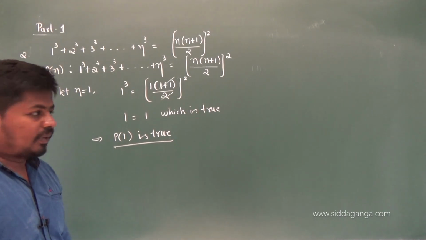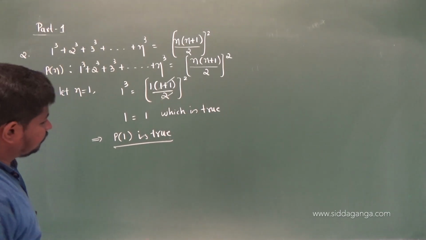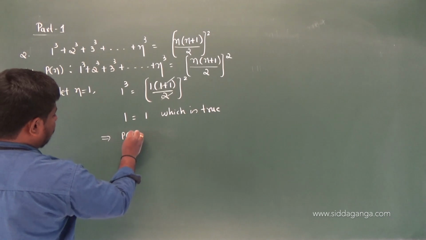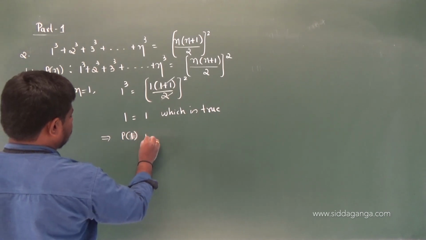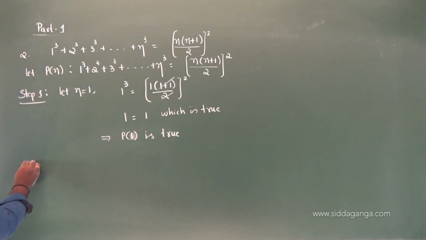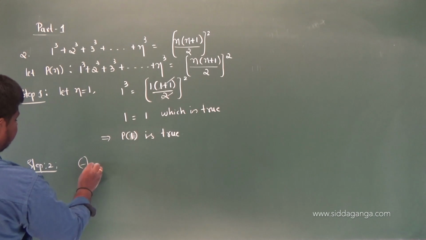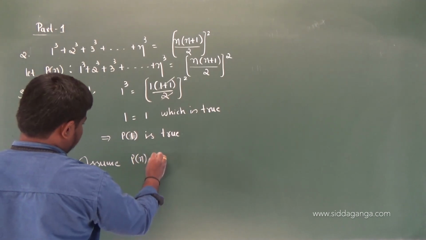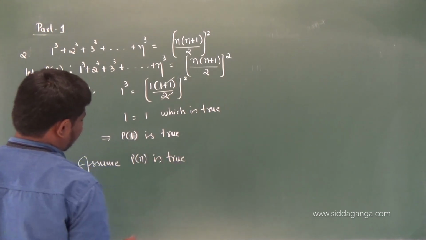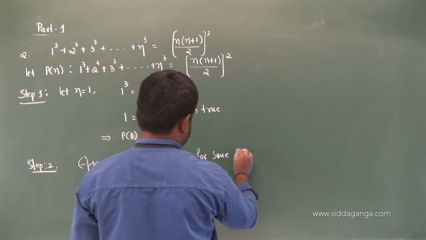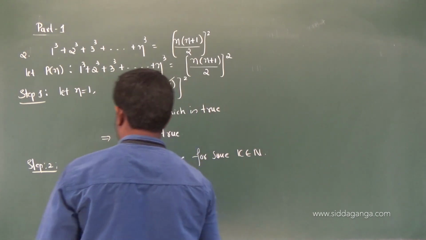Okay. Now next step is what? Step 2. Right, assume P of n is true for some k natural numbers, or k belongs to positive integer.